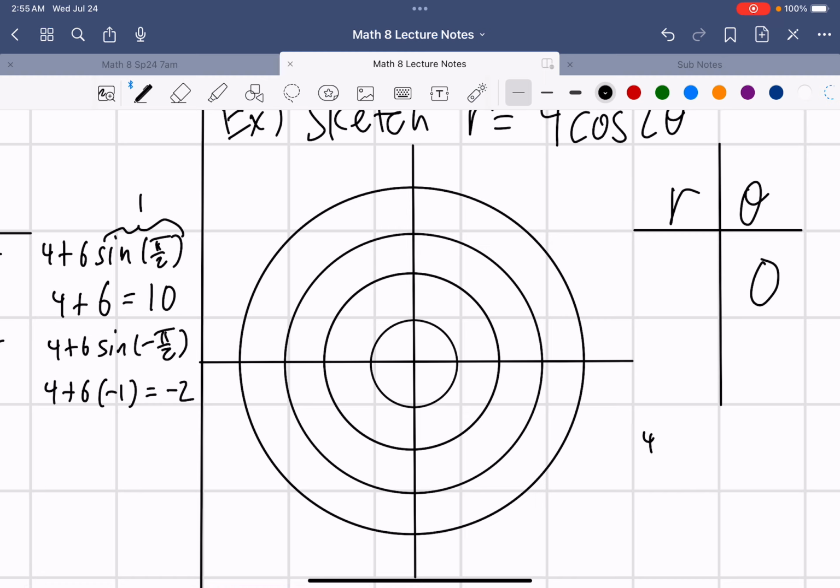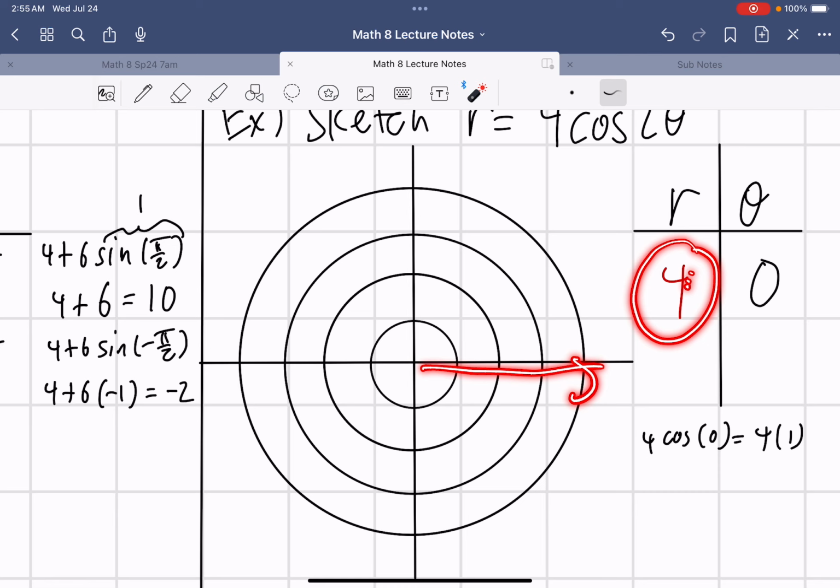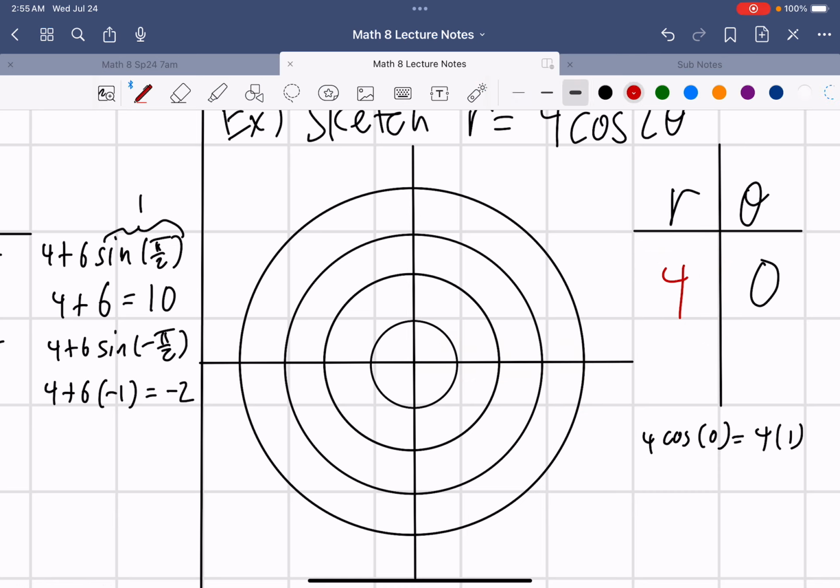That's going to give me 4 times cosine of 0. And cosine of 0 is 1, so 4 times 1 is going to give me 4. So that tells me I'm facing in the positive direction. My R is 4. I need to go as far as 4. That's how big the graph I made gets.